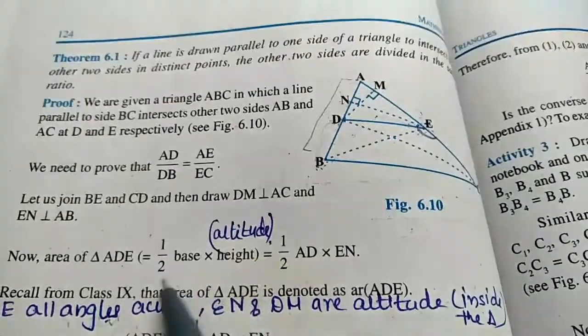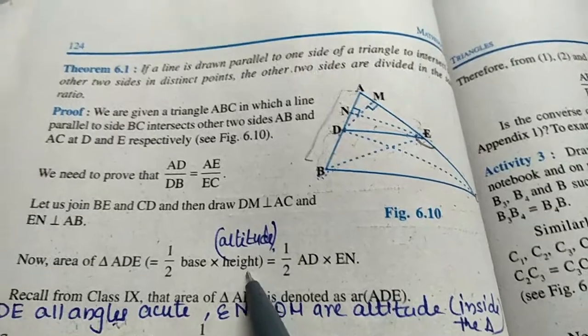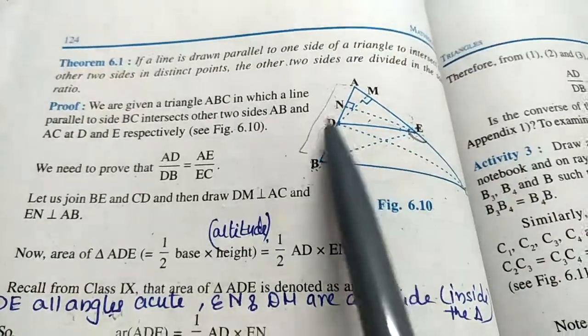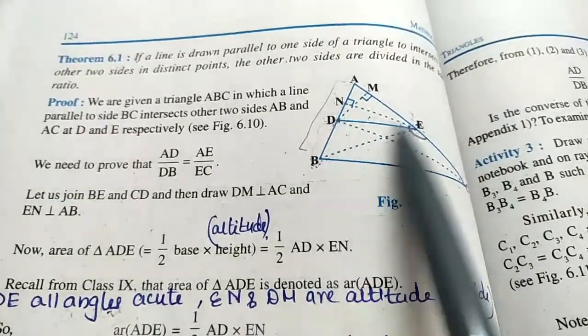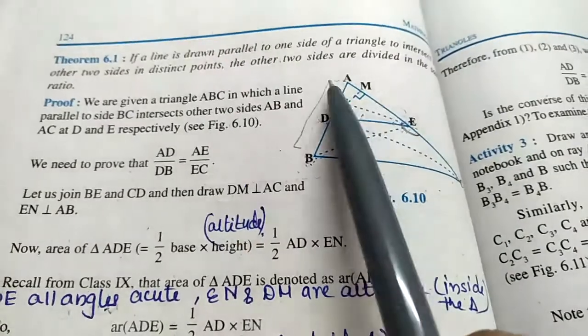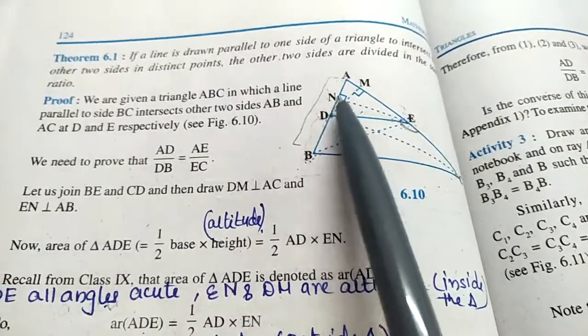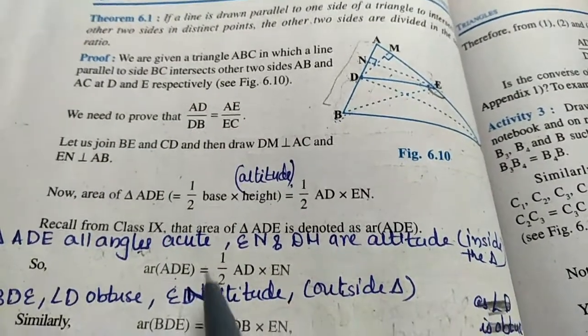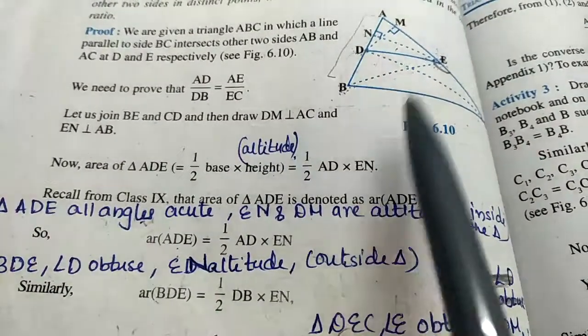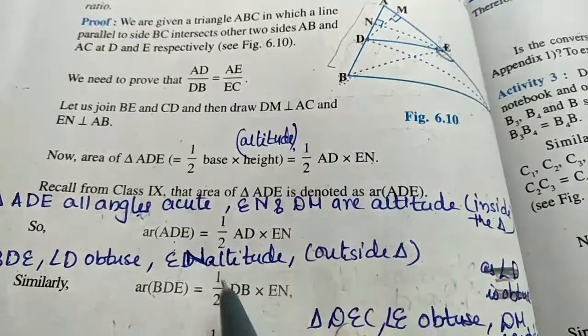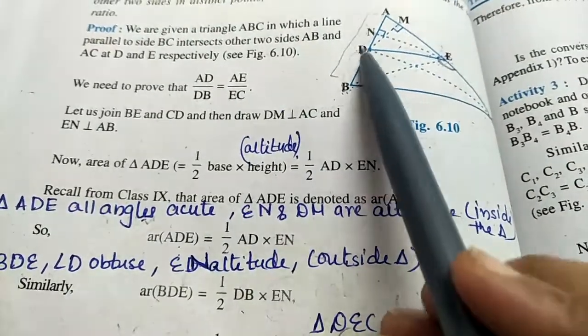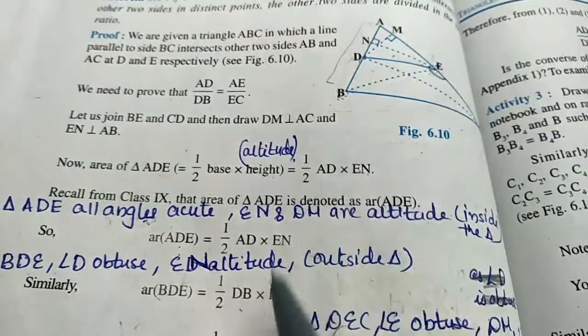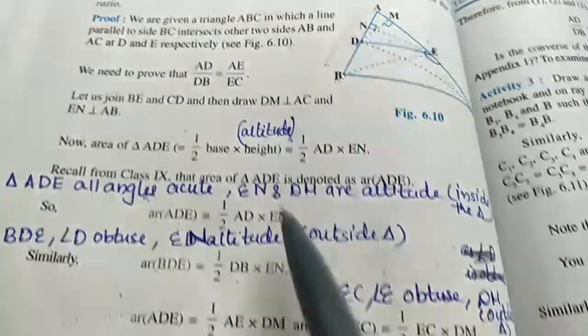Now area is half base into altitude or height. So for ADE you will have half base, this is the base AD, and this is the altitude, so half AD into EN. Next is BDE. So half DB, this is the base, and EN is the altitude.